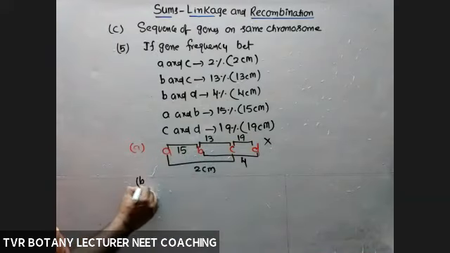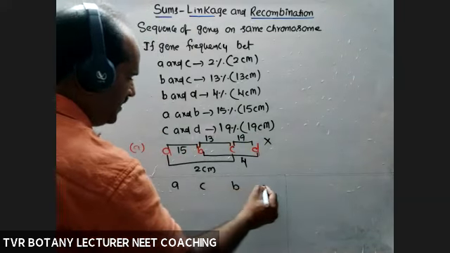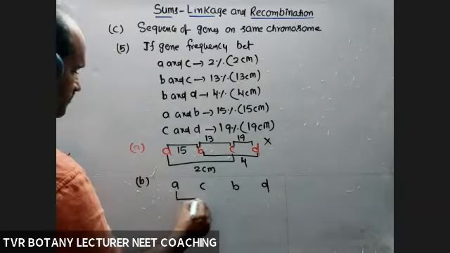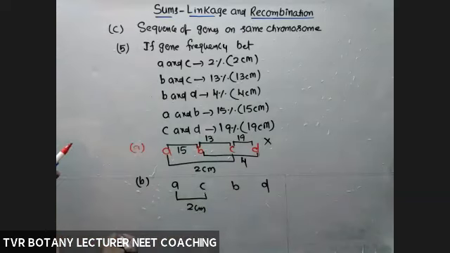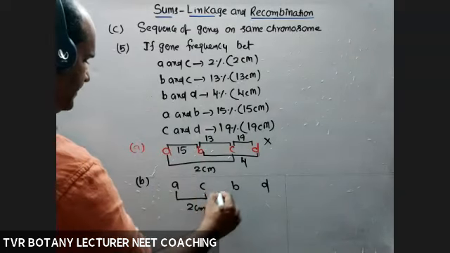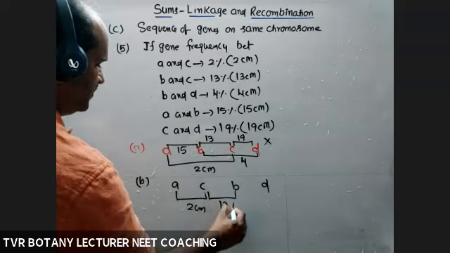Next, given one ACBD. Okay, so we have to try. AC, how much? 2 centimorgan. BC, I think this is also wrong.